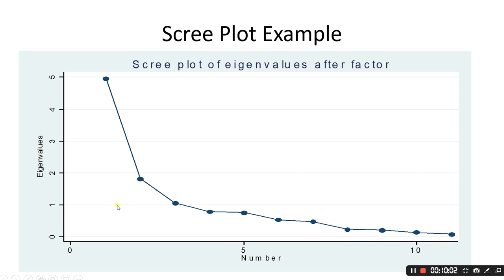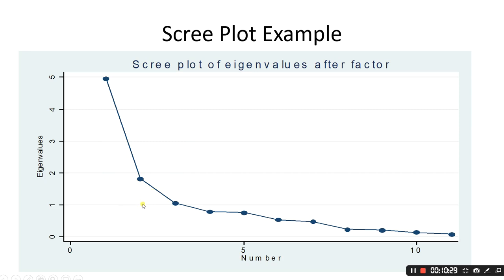In Scree, what we do is decide how many components or factors are almost in the same line, and from where the curve changes. So we decide the elbow of this scree plot, and the components above this elbow are considered as significant factors to retain. So here is the elbow.